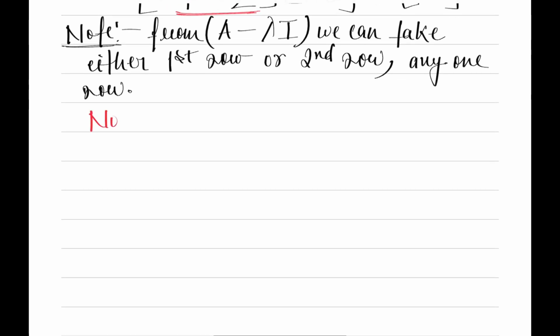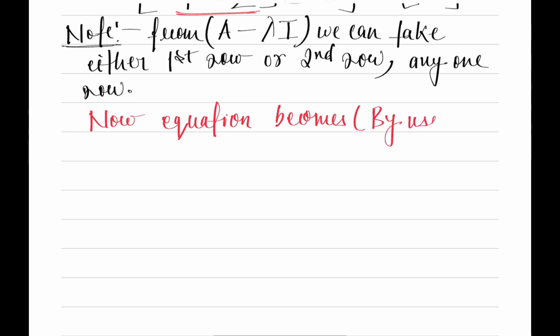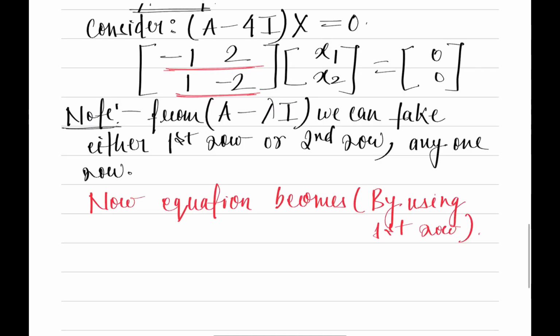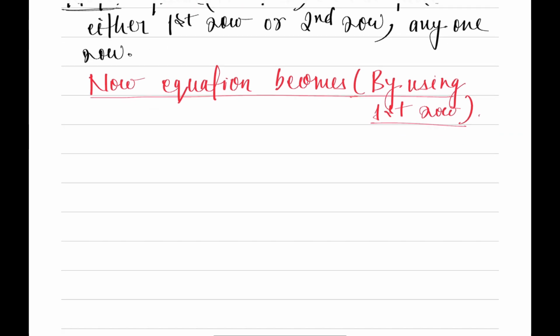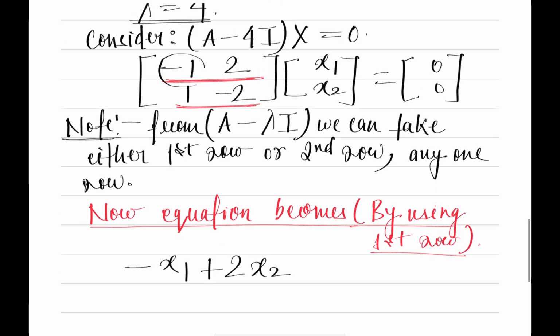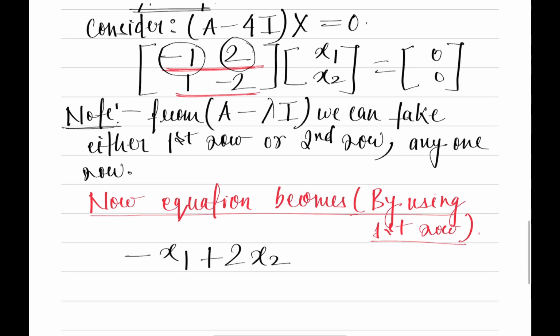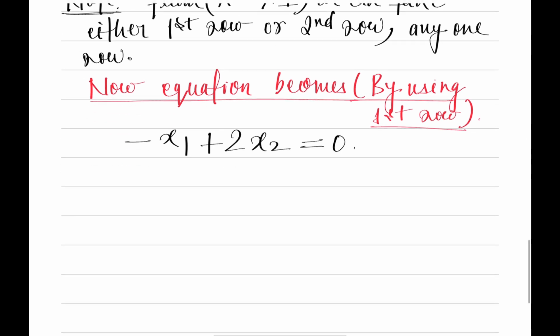Now the equation becomes, by using the first row. We will use this first row. Our equation will become minus x1 plus 2x2, which will become 0.